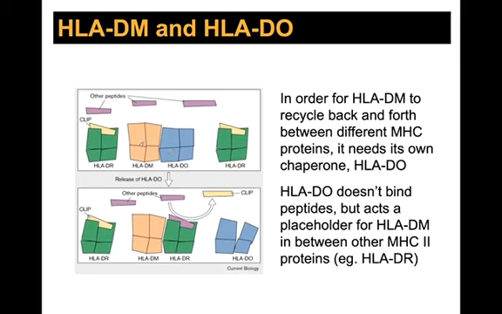So each time that DM interacts with an MHC2 and causes that peptide to come out, it's got to reset. In order to do that, it has to get back together with DO. Right? And I won't comment on how this might be like some of our social lives, but you sort of have to reset. Okay? And the job of DO is to reset DM so that it can come in and do this again.